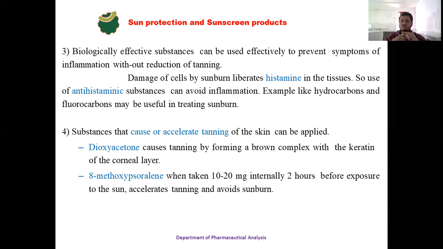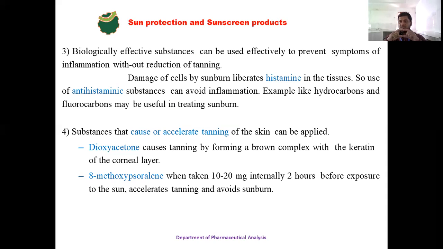Okay, so how will it be possible? It will be possible in two ways. First one is by using dioxyacetone. Whenever any sunscreen preparation has dioxyacetone, the dioxyacetone will make a brown complex with the keratin which is present in the skin.